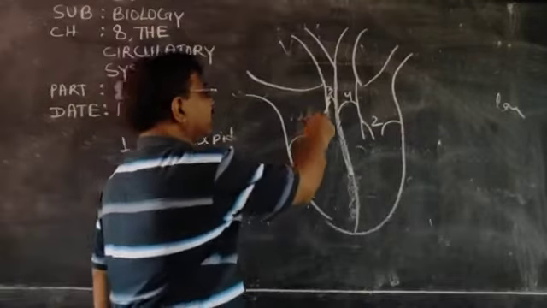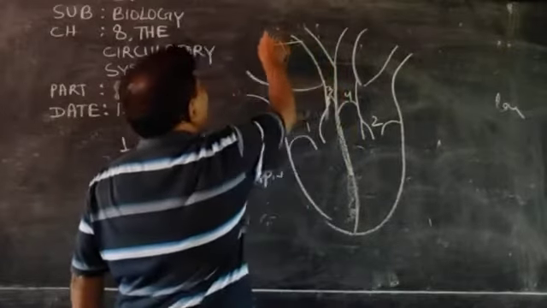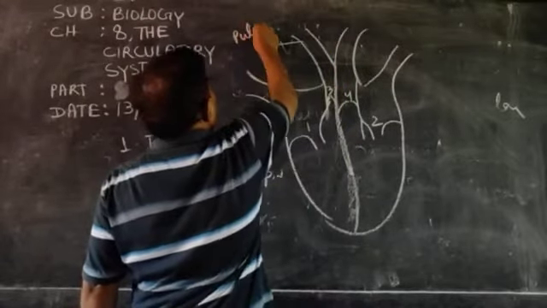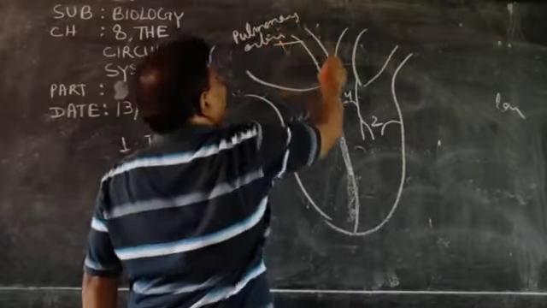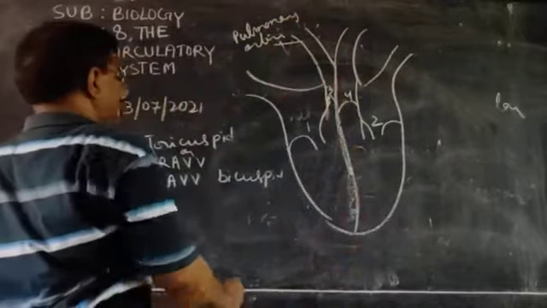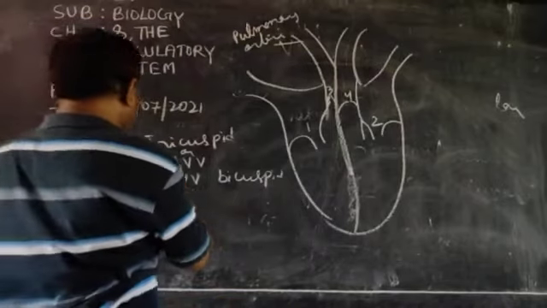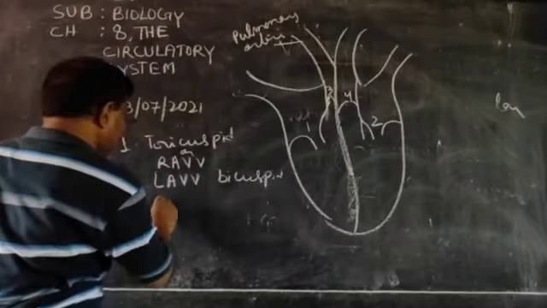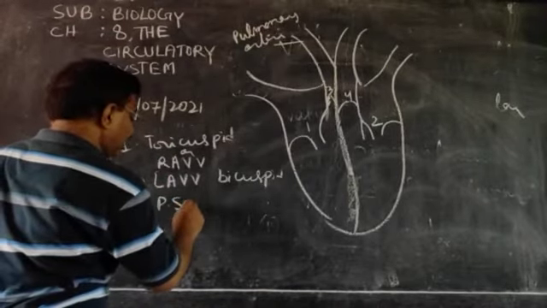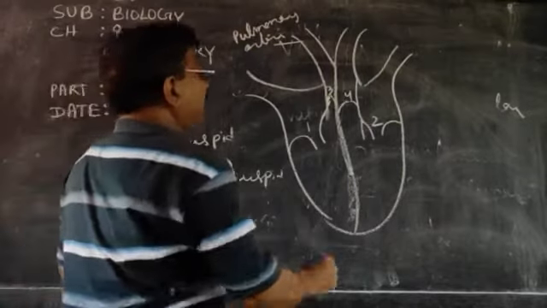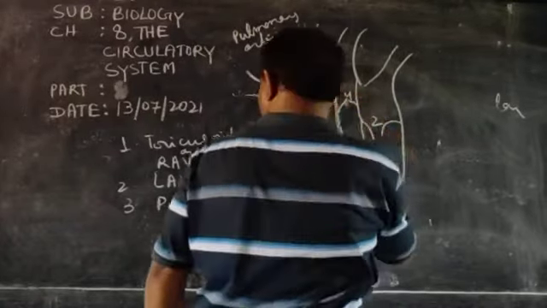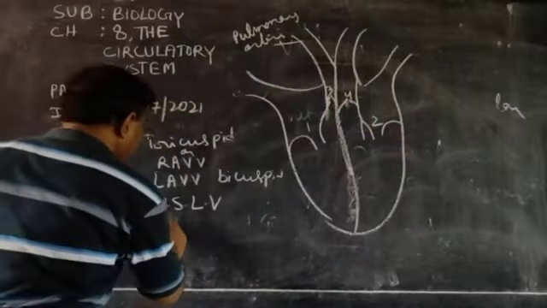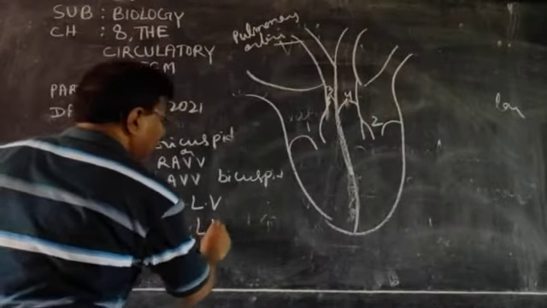This third number is the pulmonary artery. And here this third number valve is the pulmonary semilunar valve, and this fourth one is the aortic semilunar valve.